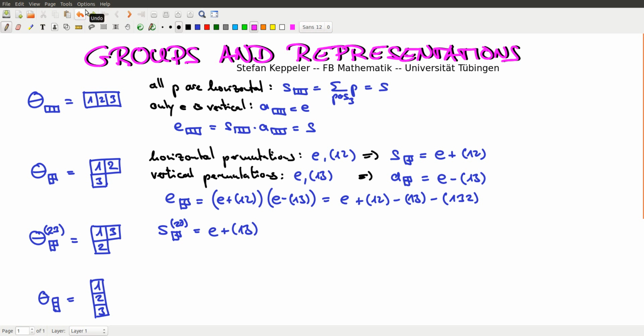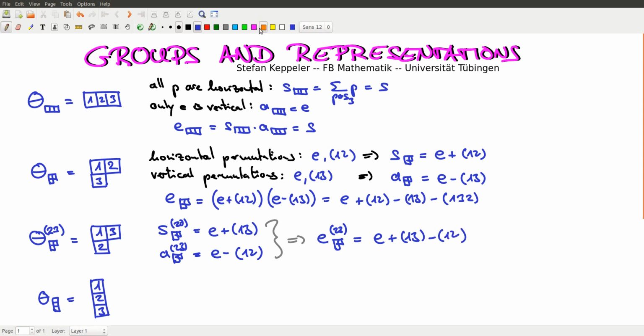This is a horizontal permutation. And the anti-symmetrizer in this case now is identity minus (1 2). And then we multiply these and find that the Young operator is identity plus (1 3) minus (1 2).